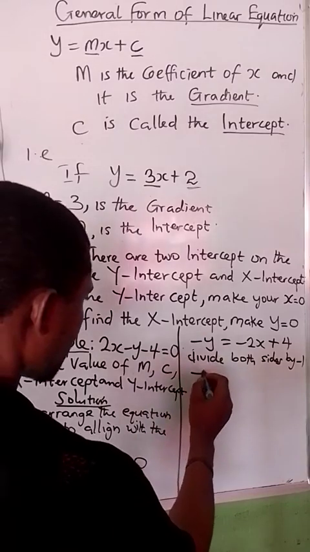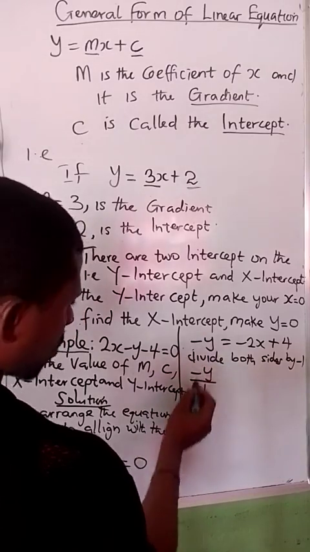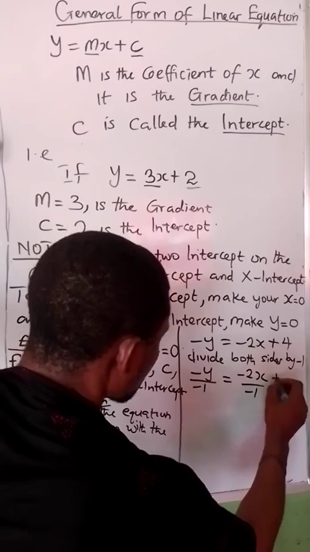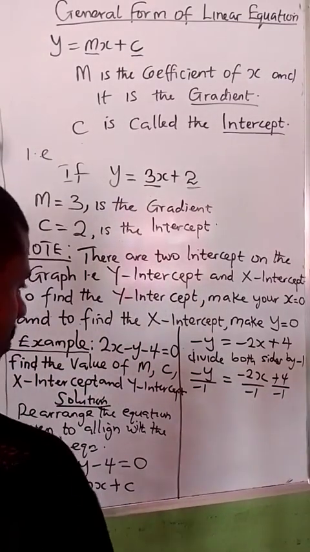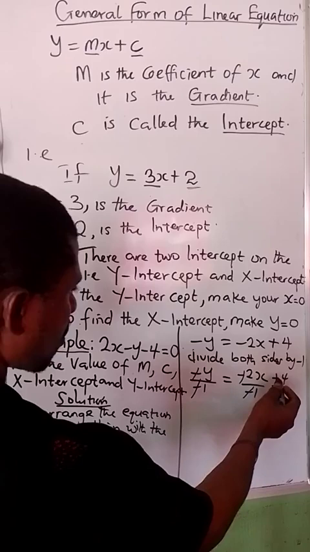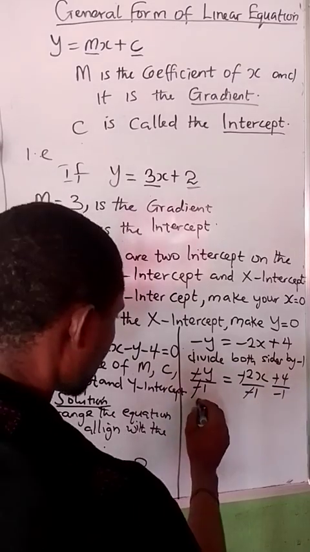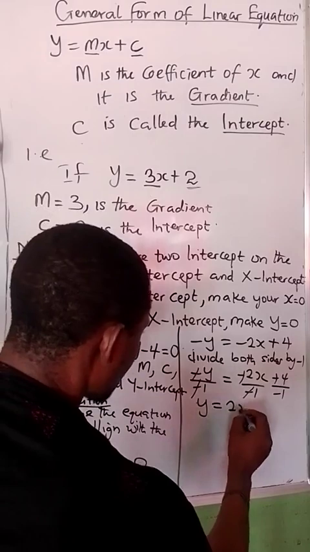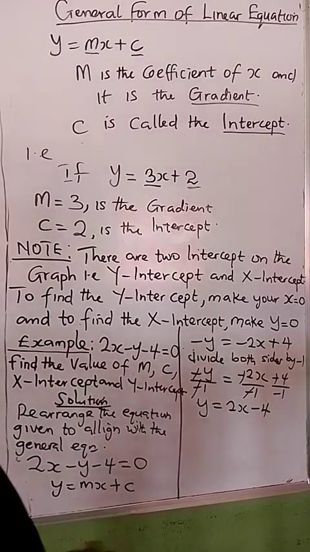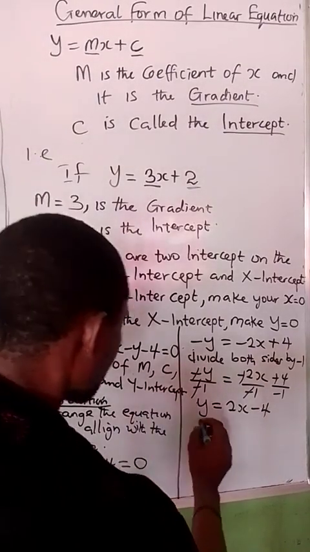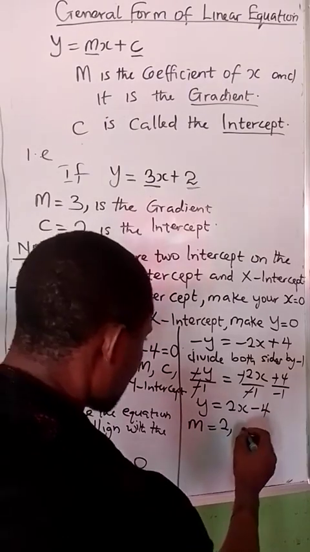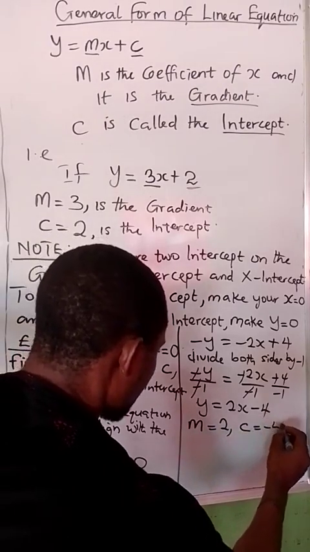So if you divide by minus 1, minus 2x over minus 1, plus 4 over minus 1: minus cancels minus, but plus divided by minus is minus. So you have y equals 2x minus 4. So our m equals 2, and our c equals minus 4.